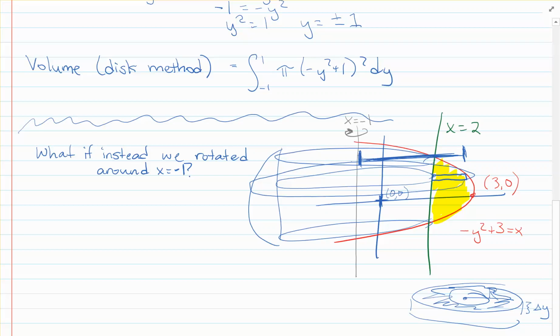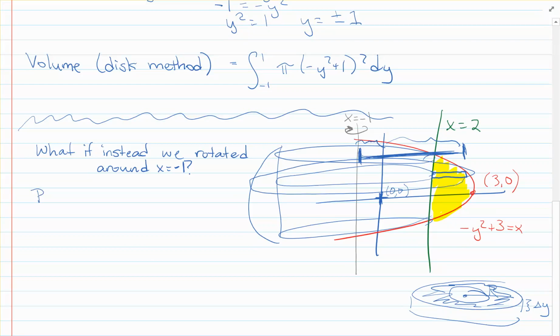And so that is -1. So from here to here is -1. And from here to here is my function, which is x equals -y² plus 3. So I have -y² plus 3 minus -1, or plus 1, to give me that full distance.